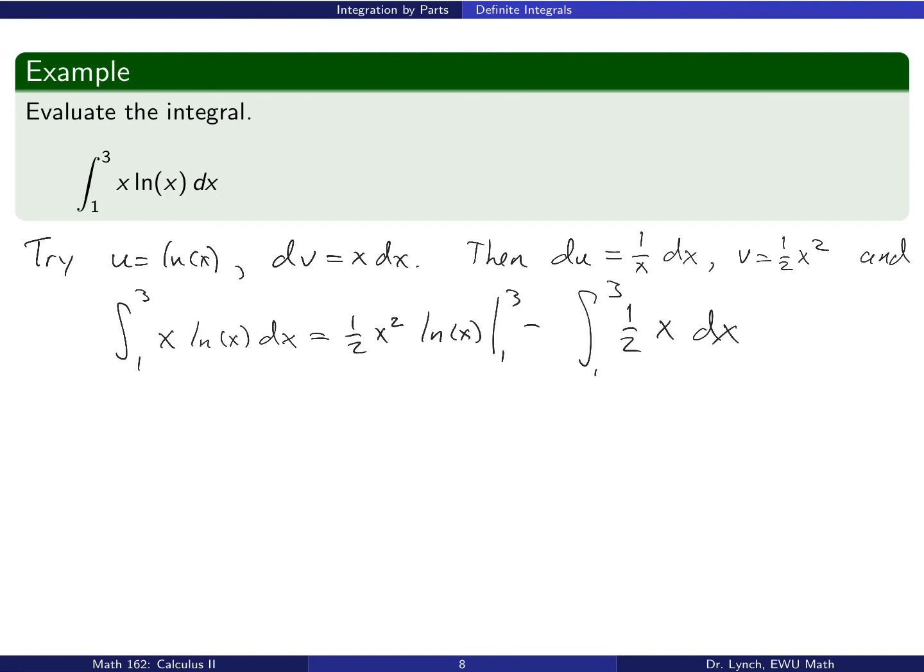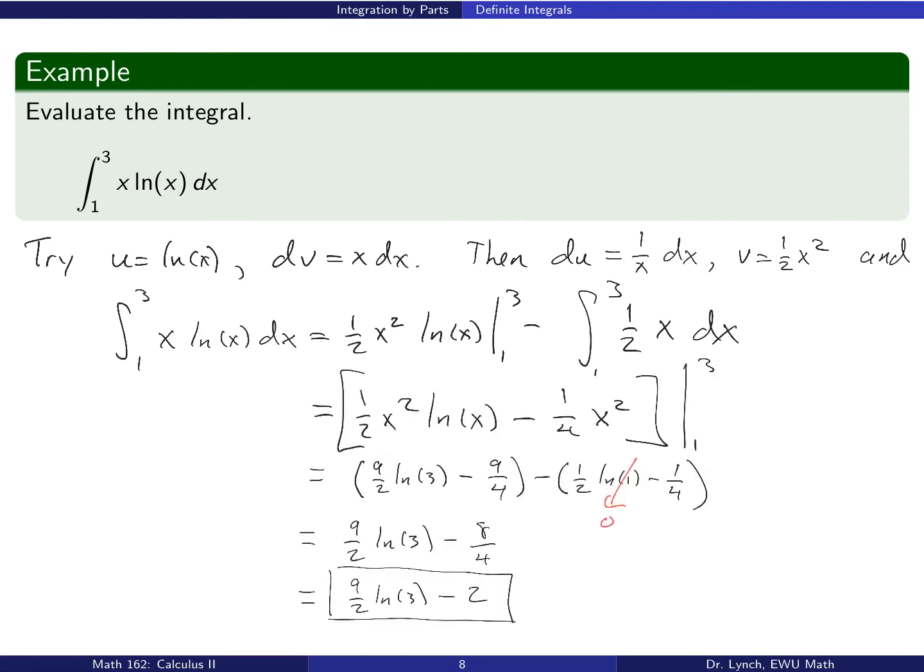Now this new integral evaluates quickly as 1/4 x squared, and we can evaluate that between 1 and 3 also. So here we've applied integration by parts, evaluated the new integral, and this time I evaluated the whole thing between x equals 3 and x equals 1 to find that the value of the definite integral is 9/2 times the natural log of 3 minus 2.